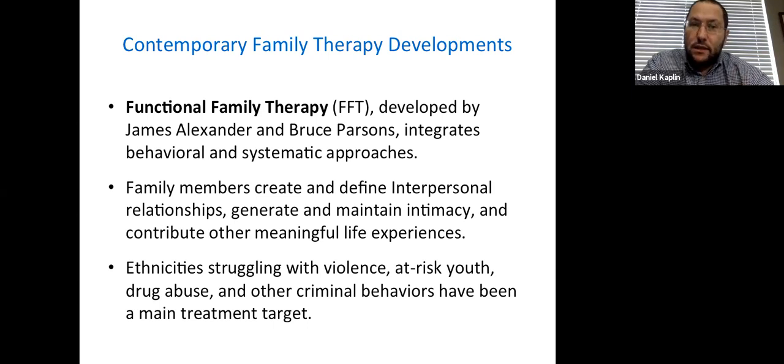All of these things we work with using functional family therapy. So we try and understand how people view their interpersonal relationships, how people create or maintain intimacy or closeness, and how people develop meaning or meaningful life experiences. That's very important.